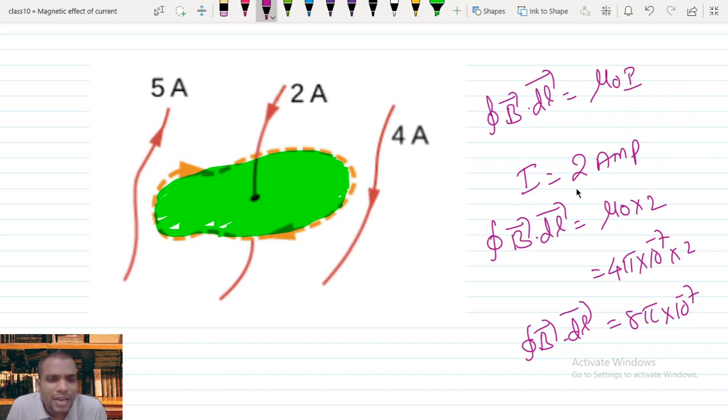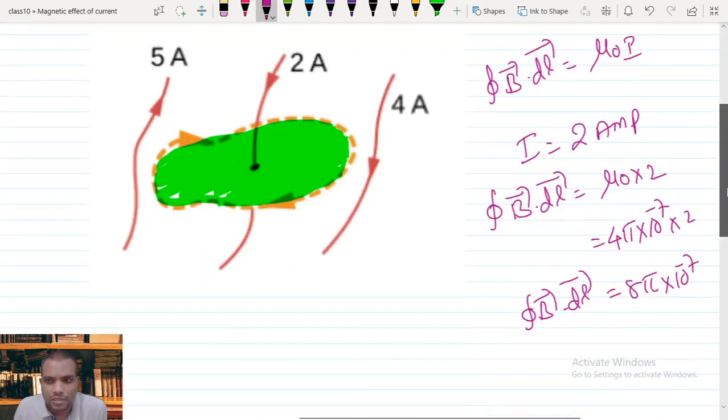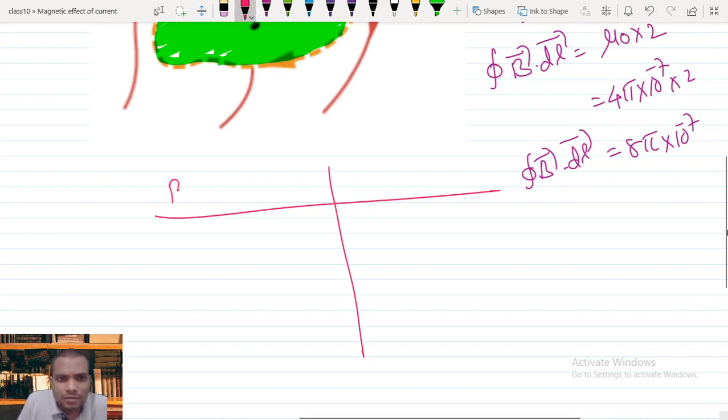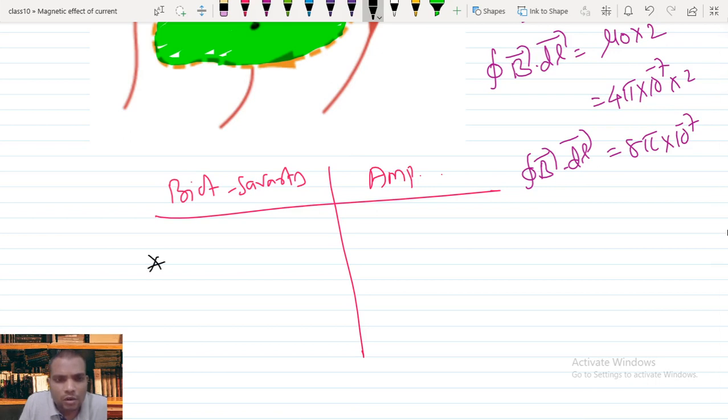So this is the way we can apply Ampere's Circuital Law instead of Biot-Savart's law. Again, I am telling where Biot-Savart's law can be used easily and where Ampere's law can be used. Biot-Savart's law is very easy to use for a circular loop, and Ampere's law for a circular loop is very difficult.